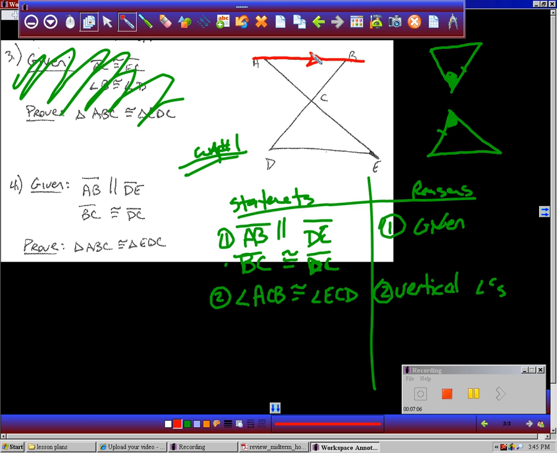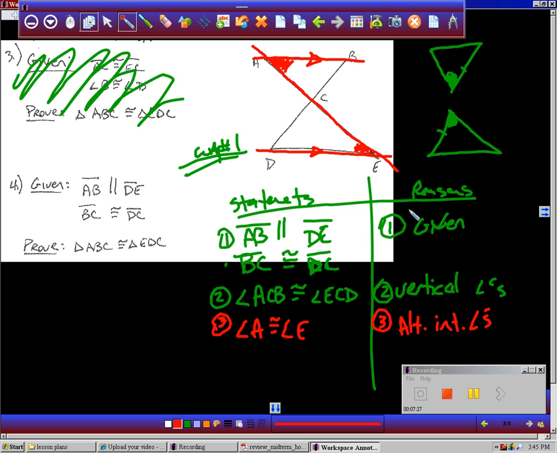So, parallel line, and parallel line, and a transversal right there. So angle A is congruent to angle E. Number three, angle A congruent to angle E. Why? Because of the definition of alternate interior angles. Good.